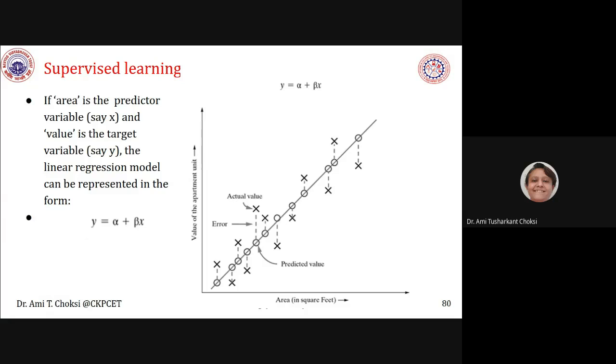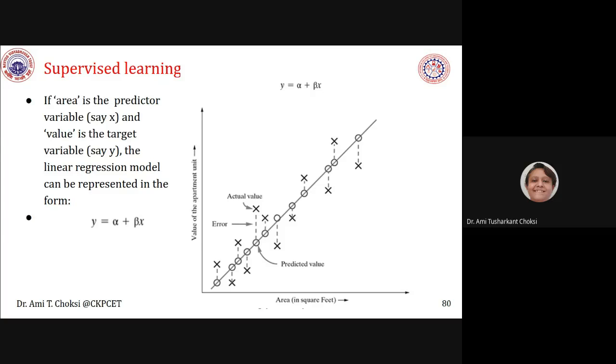Now, in that, what is the case? The model is predicting the values. What should be there? We should have the actual value also, right? Now, it is trying to fit all the values.